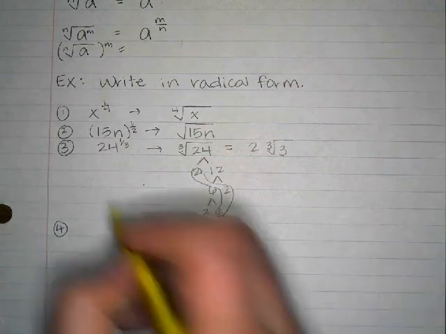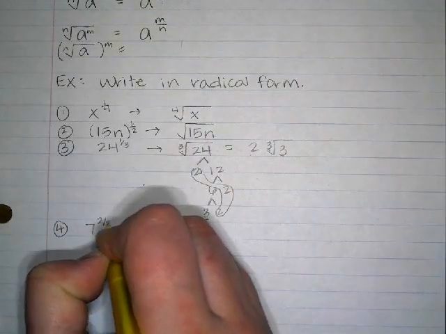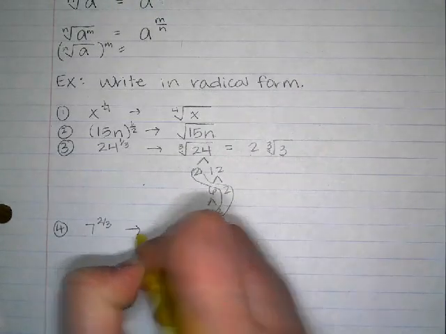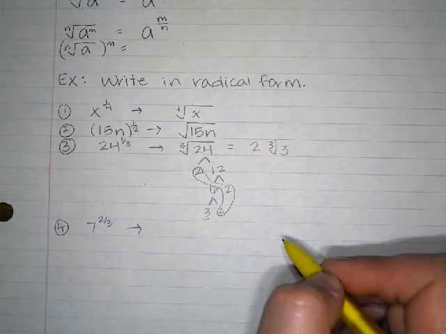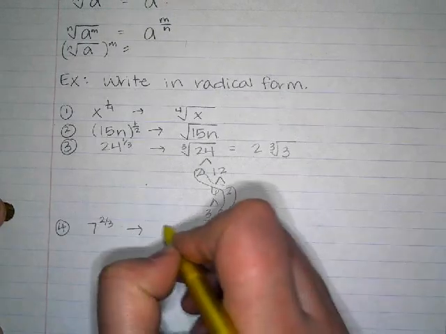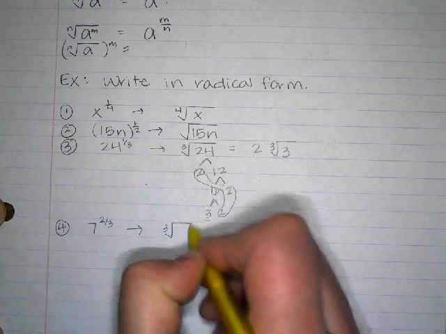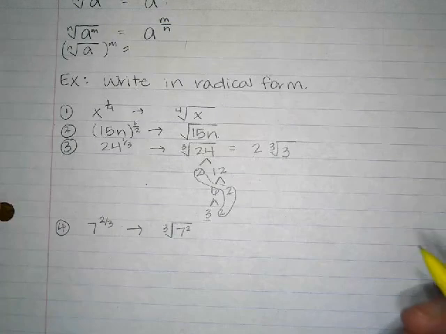Okay, let's try 7 to the 2/3. What type of root do we have? Cube root. Okay, and do we know what 7 to the 2nd is? 49.